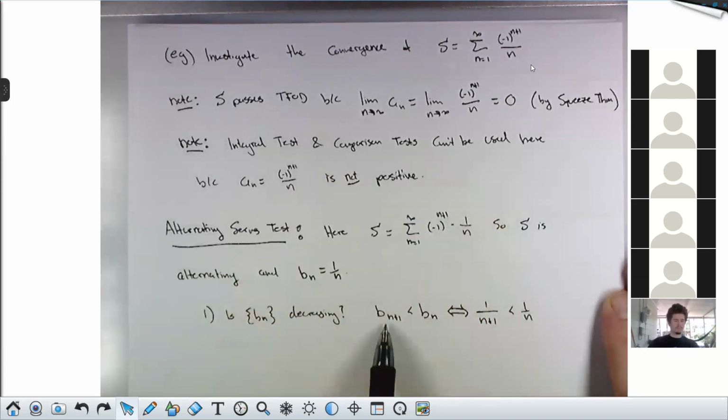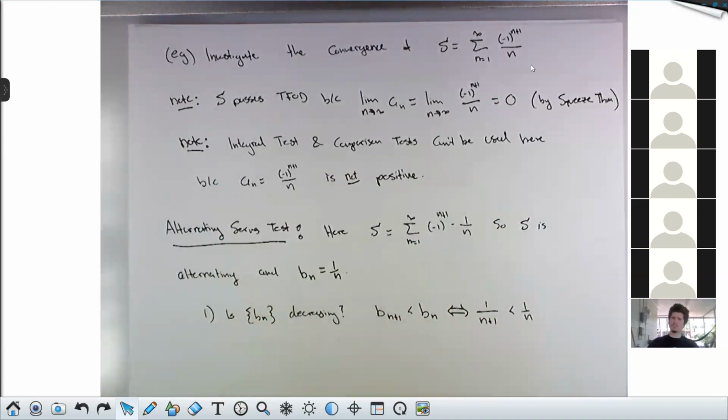It's important you understand what bn plus 1 is. It's like f of n plus 1. It's what you get when you swap n for n plus 1 here. Is everybody comfy on why bn plus 1 is 1 over n plus 1?